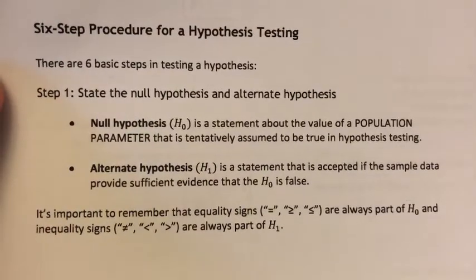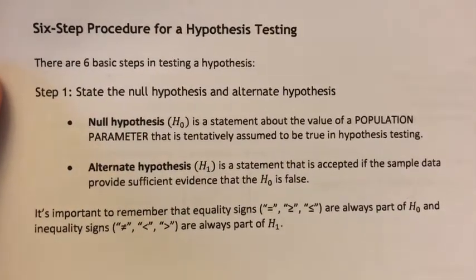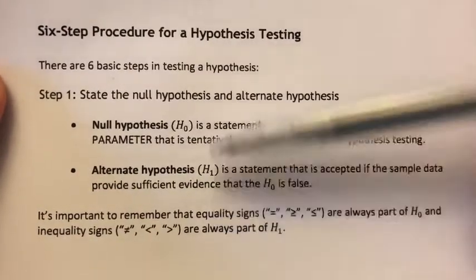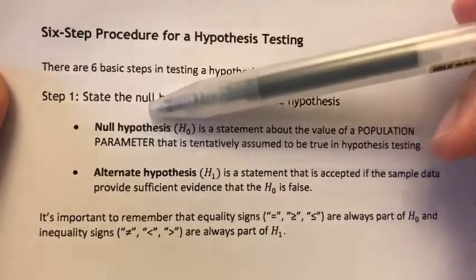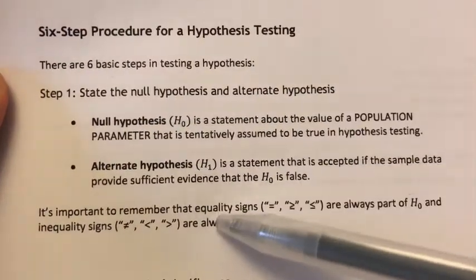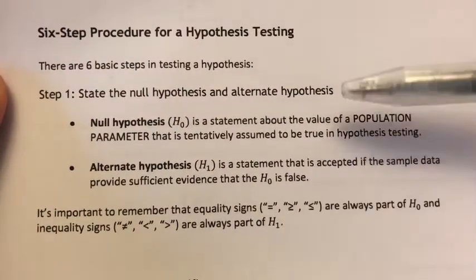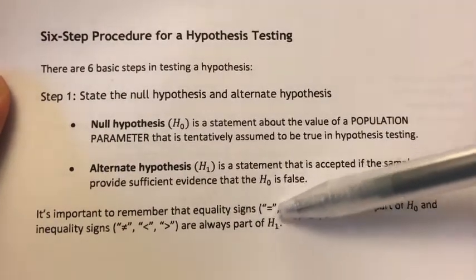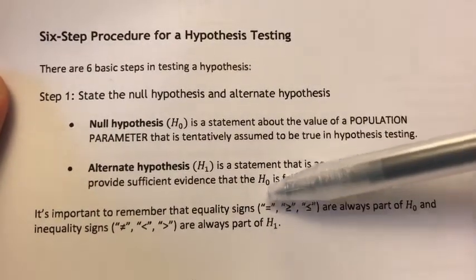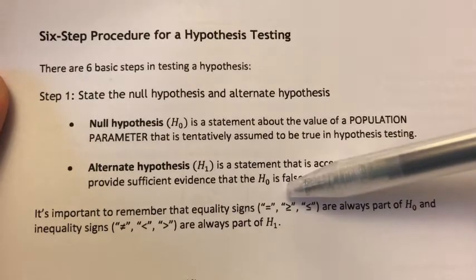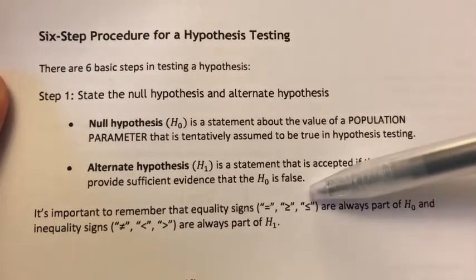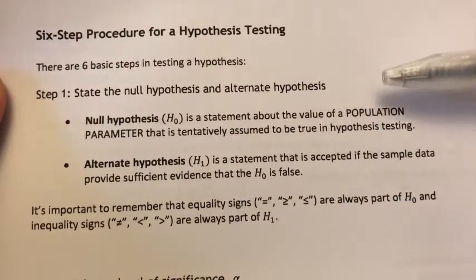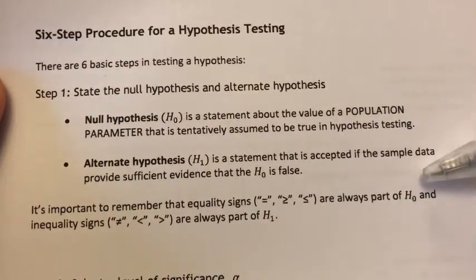So how do we write this hypothesis? I will show you in a more detailed example later, but for now, you need to remember that whenever we write the null hypothesis, we always put the equality signs in it. What are the equality signs? There are 3, so it's not just equals to. Besides equals to, the other equality signs are greater than or equals to, and less than or equals to. Remember, these 3 equality signs are always a part of the null hypothesis.